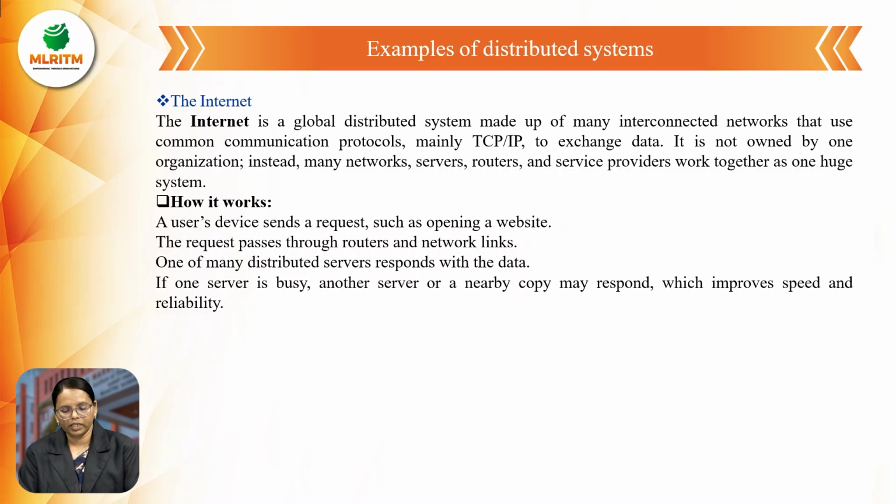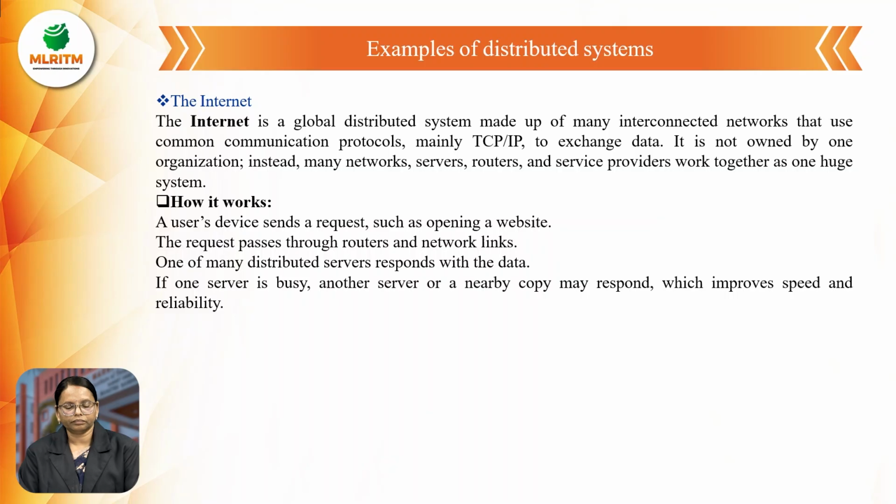The internet is a global distributed system made up of many interconnected networks that use common communication protocols, mainly TCP/IP, to exchange data. It is not owned by one organization. Instead, many networks, servers, routers, and service providers work together as one huge system, right?